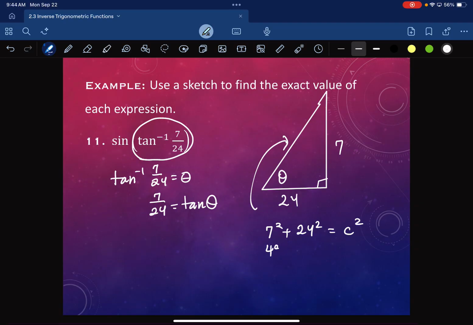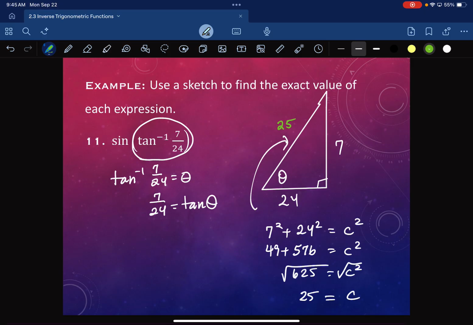This is 49, and I have 576 written down, so that's probably correct, which is 625. What is my square root of 625? 25. And you might have known that. This is a Pythagorean triple. It means all of the sides are integers. So this one's 25.